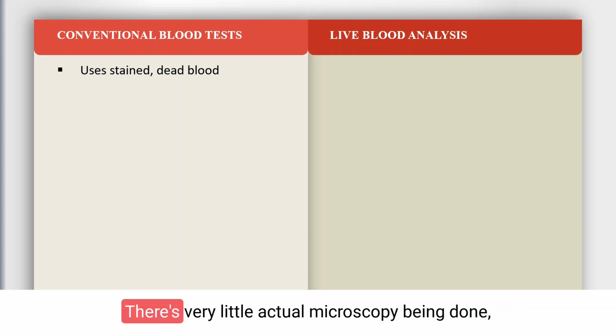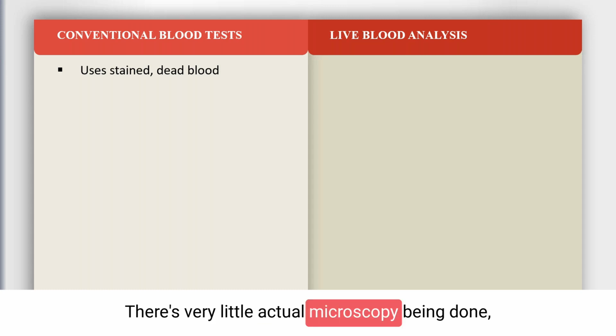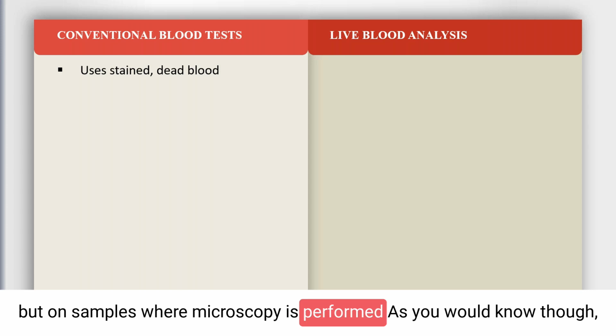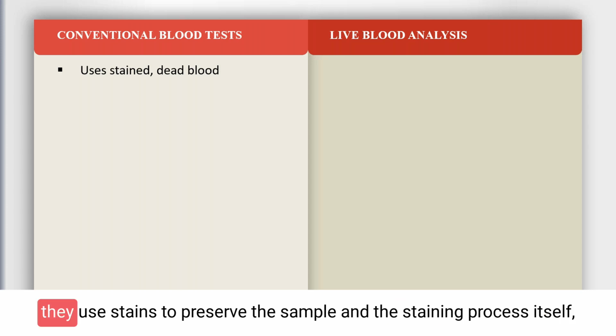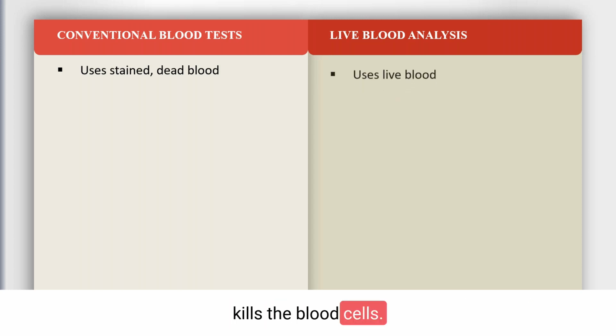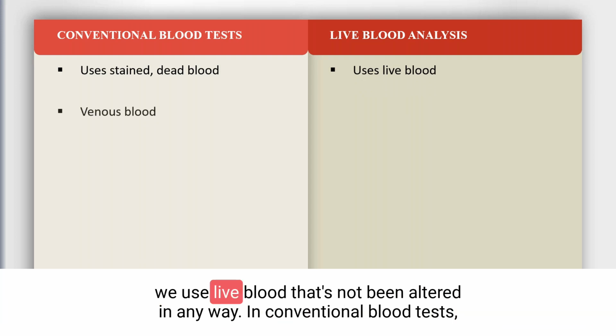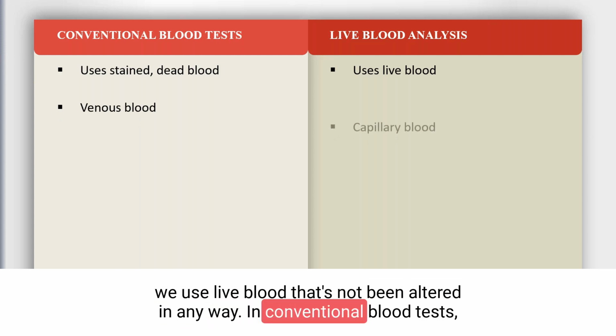There's very little actual microscopy being done, but on samples where microscopy is performed, as you would know, they use stains to preserve the sample, and the staining process itself kills the blood cells. So we're not really seeing a live sample, whereas in live blood analysis, we use live blood that's not been altered in any way.